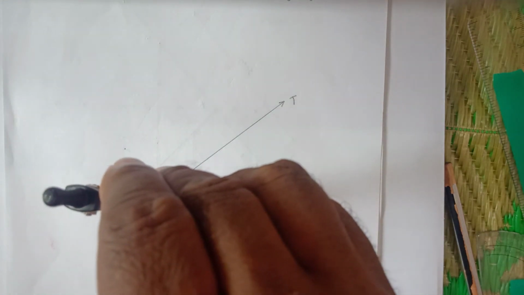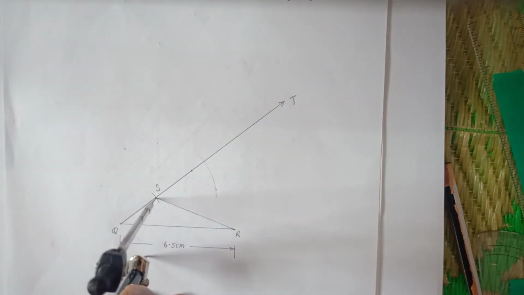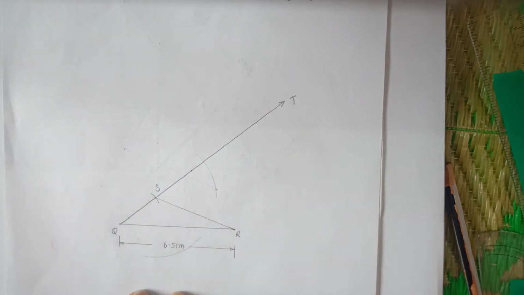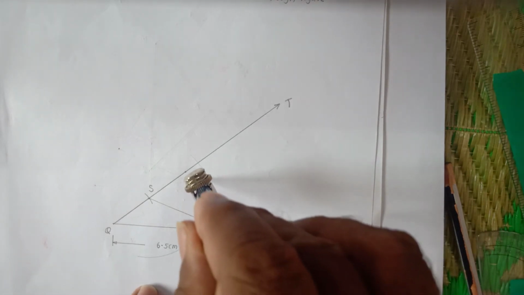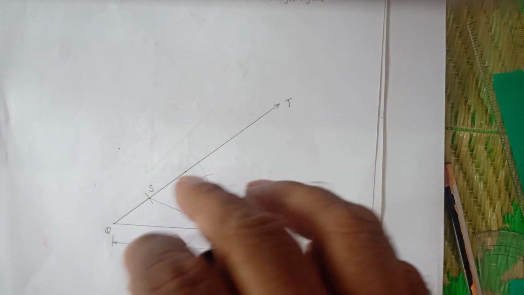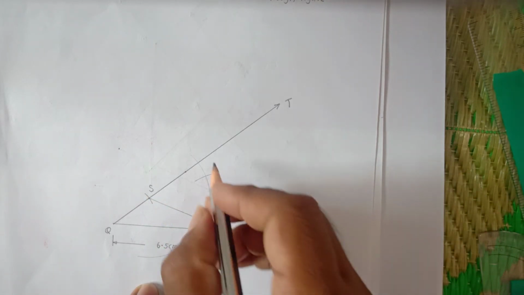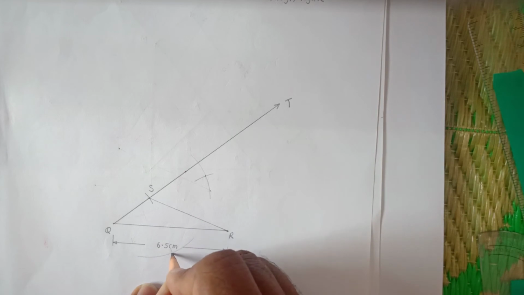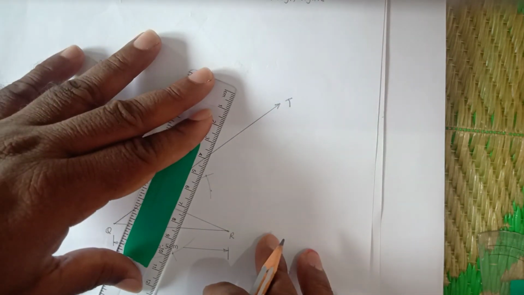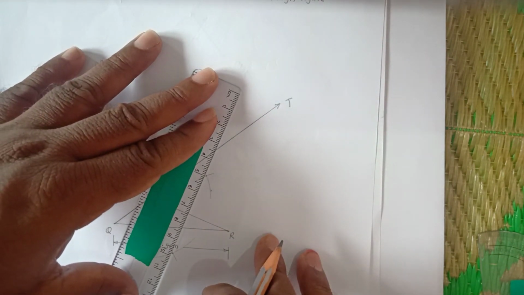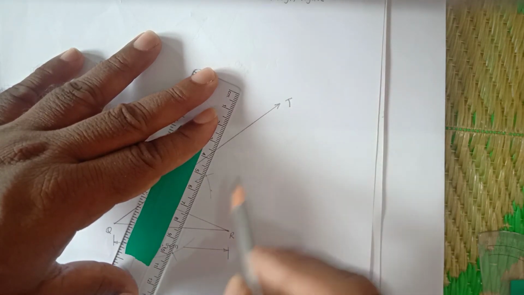Put the compass on point S and draw 2 arcs on the opposite side of SR. Now put the compass on point R and draw another 2 arcs on the opposite side of SR. These are the points of intersection of these arcs. Join these 2 points such that the line passing through these points will intersect the ray QT.